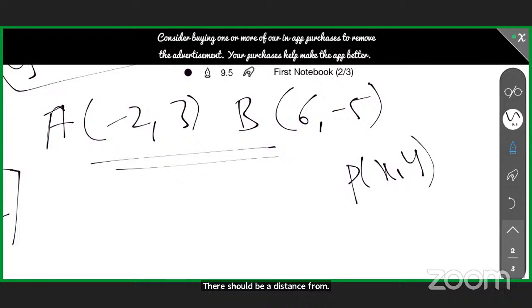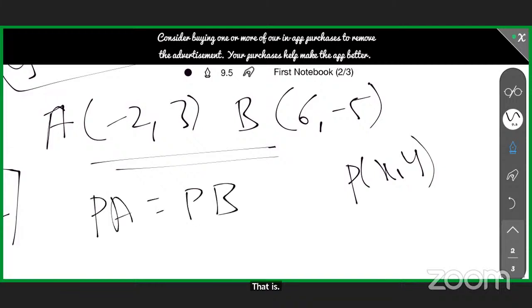That is, PA should be equal to PB. I myself am giving more clues. Now tell me the equation. What equation will be coming?